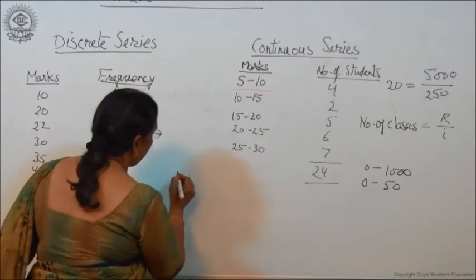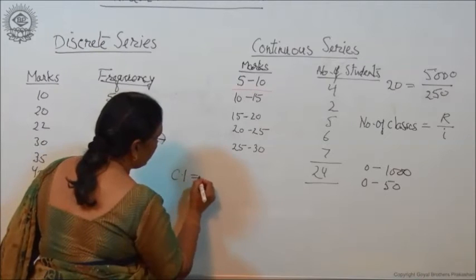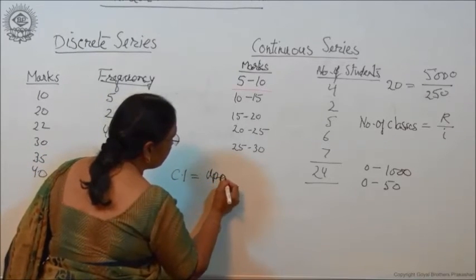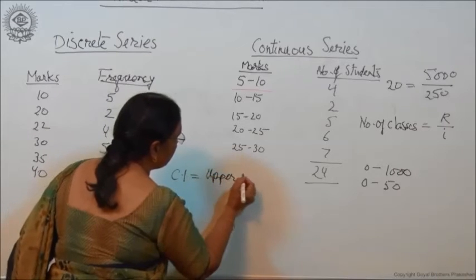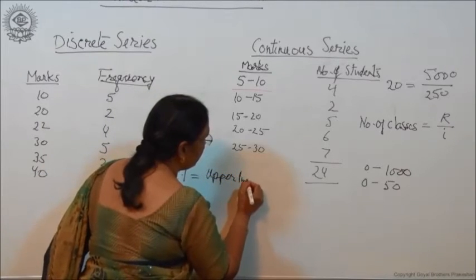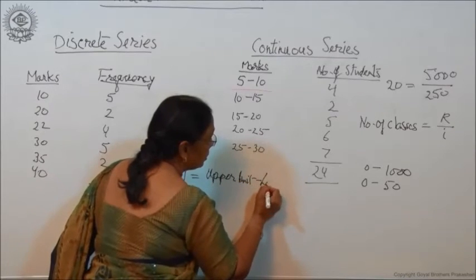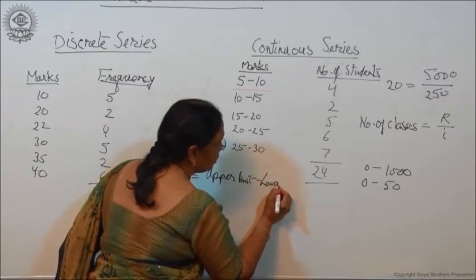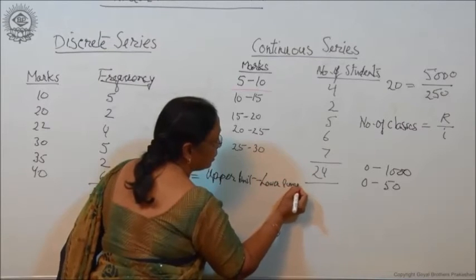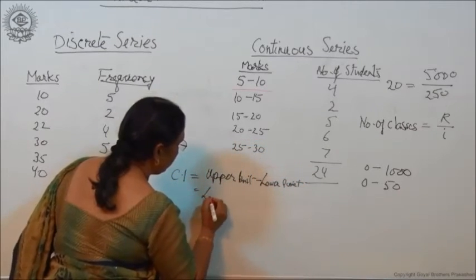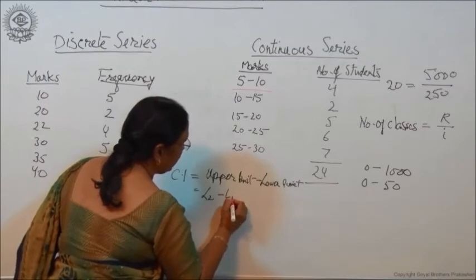So class interval you can say is upper limit minus lower limit, or you can say L2 minus L1.